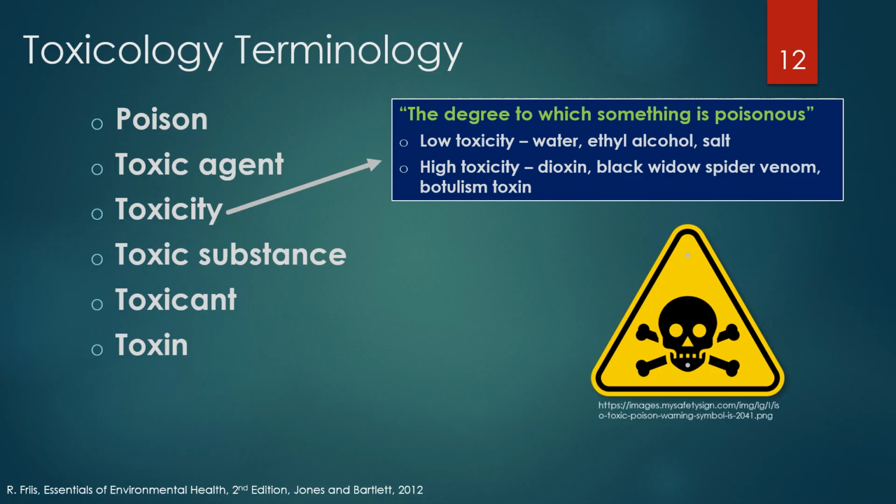Toxicity is related to a material's properties. For example, water, ethyl alcohol, and salt have low innate toxicity, requiring large doses to reach toxic levels, whereas dioxin, black widow spider venom, and botulism toxin have high innate toxicity, requiring low doses for an adverse effect.